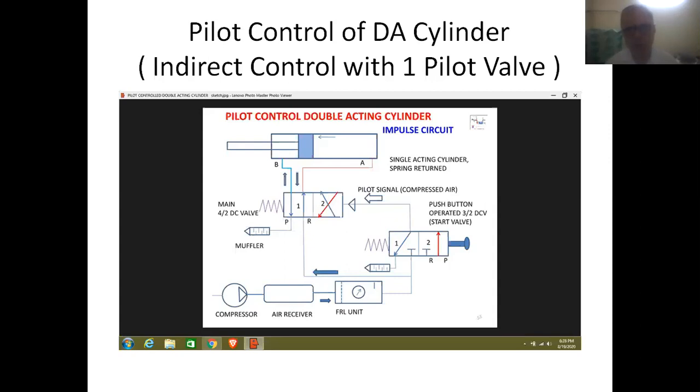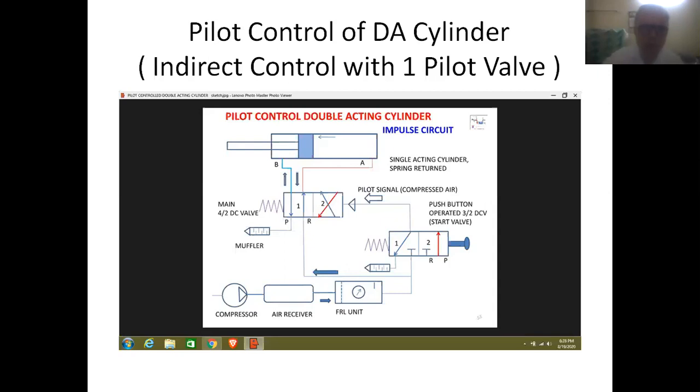So this is about the construction and arrangement of a pilot valve. And friends, we can see the connections of valve ports.